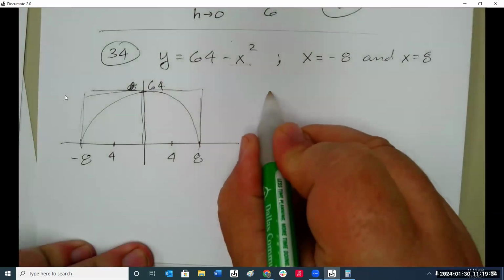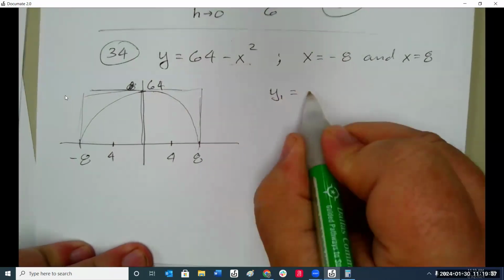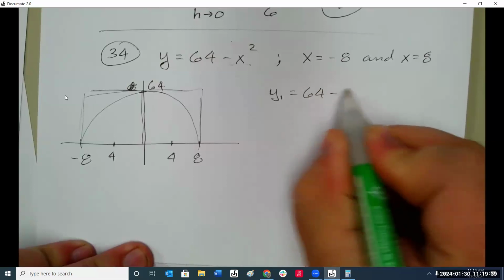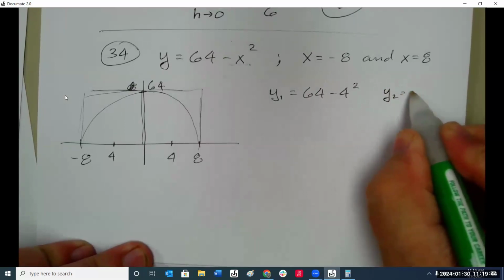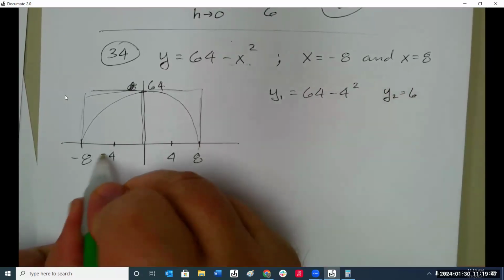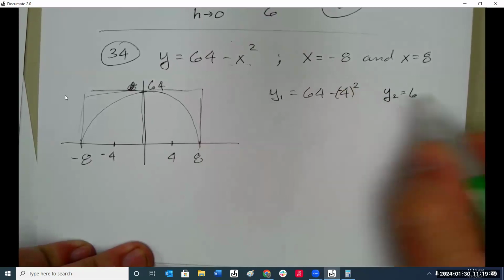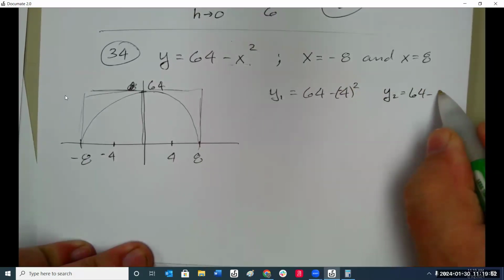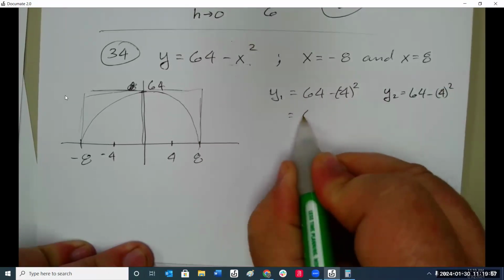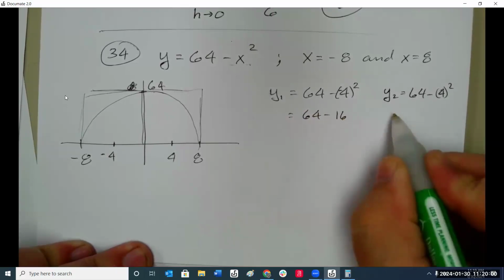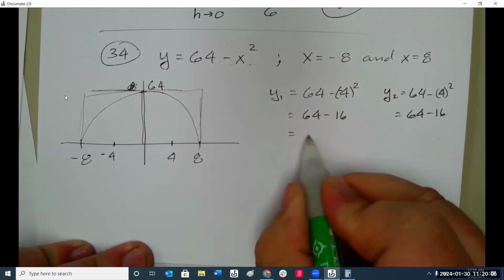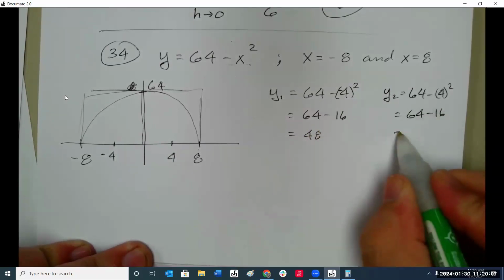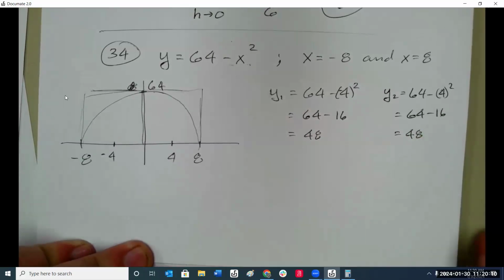The height y1 is 64 minus 4 squared. And y2 is at -4, but it won't matter since it's squared. 64 minus 4 squared is 64 minus 16, which is 48. And 48.